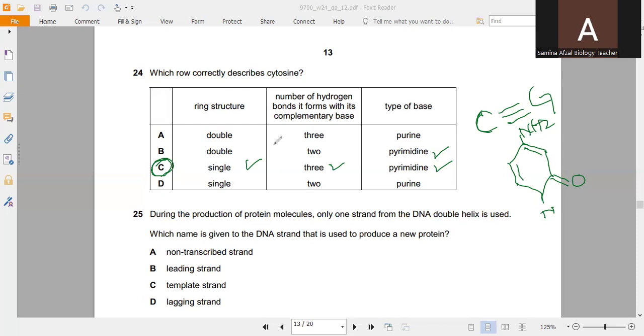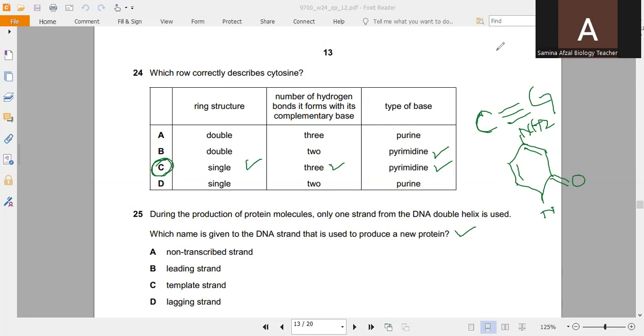Now we are moving towards the next question. During the production of protein molecules, only one strand of the double helix is used. Which name is given to the DNA strand that is used to produce a new protein?